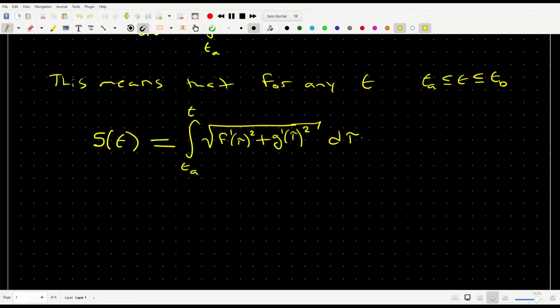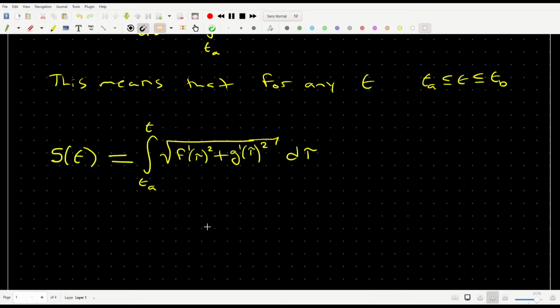Alright, so this basically says that you can go up to any point on the curve and get the arc length up to that point if you can figure out this definite integral from ta to t. And this is a direct functional relationship between arc length and the parameter t. Very, very important physically and also in many applications.